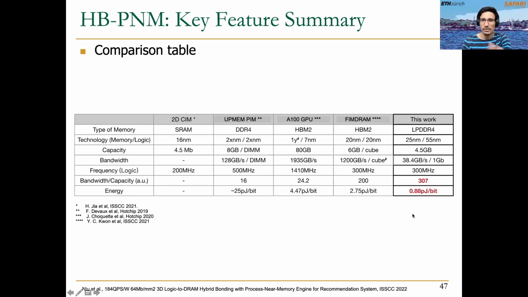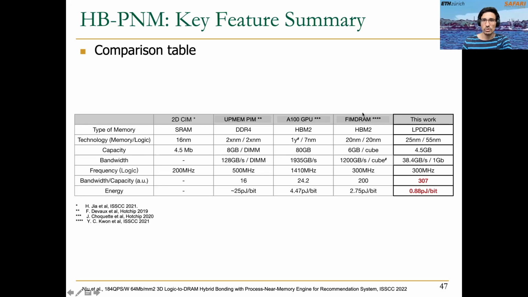sense to have this direct comparison, especially because these different architectures might have been designed for different purposes, while we have the HB-PNM PIM architecture or even the A100 GPU that are more general purpose and can support many different types of workloads. FIMDRAM, for example, is targeted at neural network inference.